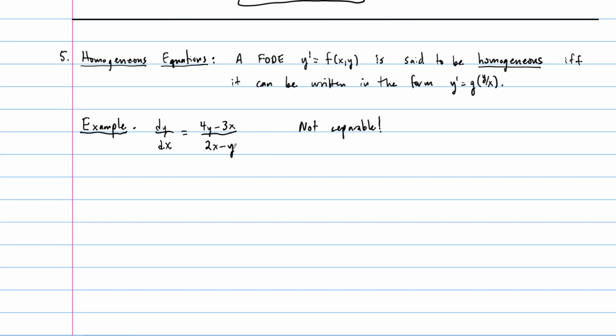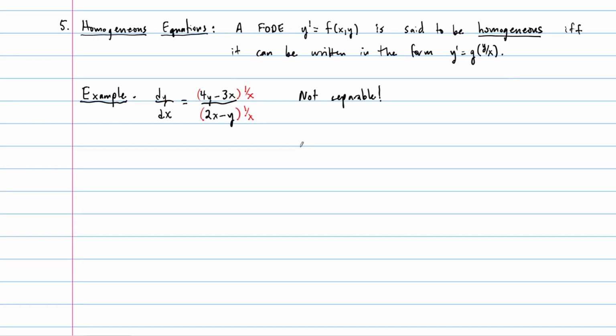But what we can do is divide through by x. Really, I want to multiply top and bottom by 1 over x here. Number one, I'm making a restriction. The second I do this, x can no longer be 0, so x equals 0 is not allowed. Actually, let's fix it to be x is positive.